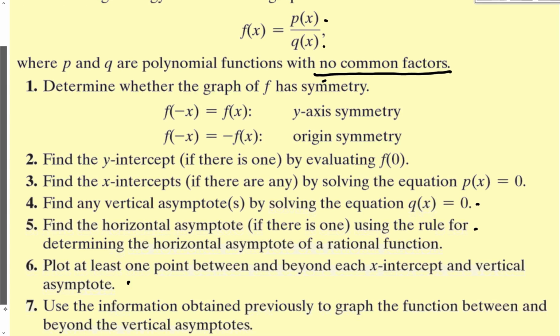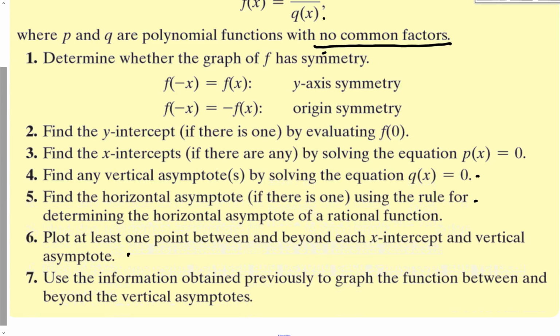Then we can use the information obtained to graph the function between and beyond the vertical asymptotes, remembering that graphs shoot straight up or straight down as they get closer and closer to a vertical asymptote, and the ends of the graph will always get closer and closer to a horizontal asymptote.